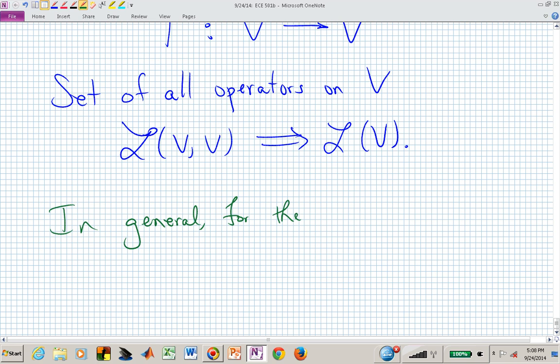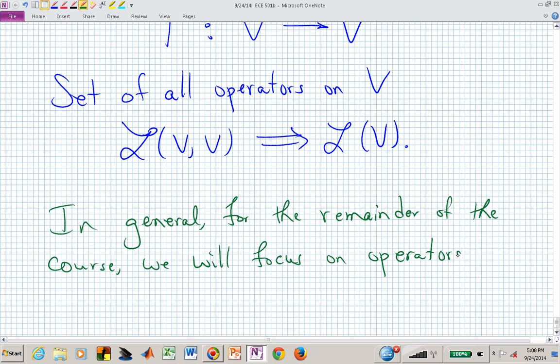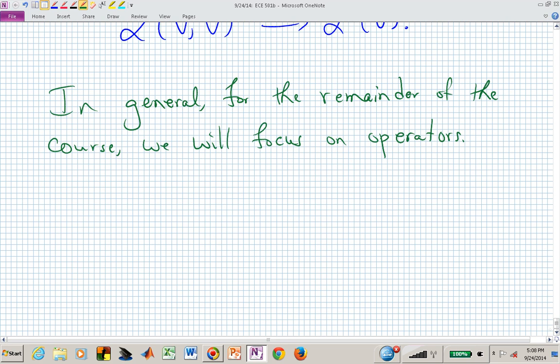Except exam 1 will obviously be talking about linear maps, chapters 1, 2, and 3, but from this point on in the material, we're going to be specializing to operators, which allows us to be talking about eigenvalues and eigenvectors, etc. So for the remainder of the course, we will focus on operators.